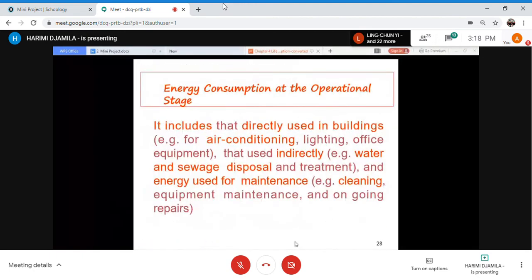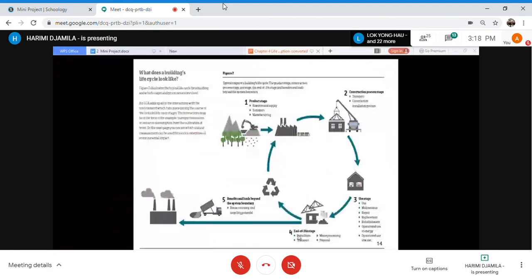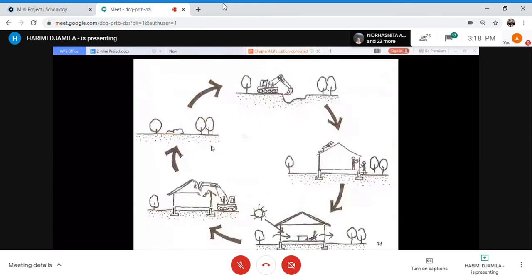At the disposal stage, all the materials are removed. At the initial stage, the location was as shown in this slide. At the end, after the demolition stage, it is supposed to be the same as at the initial stage.